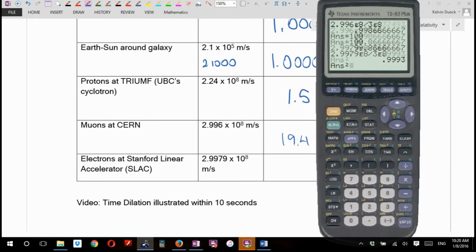Squared. 1 minus that, square root. 1 divided by that. 26.7 years.